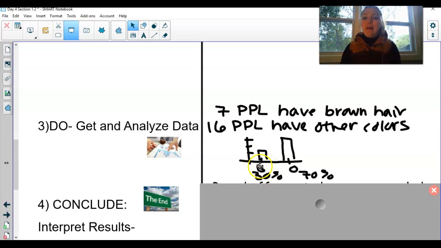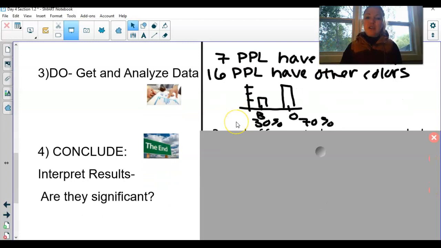So people with brown hair right here, 30%, people with others, 70%. I should have labeled the sides. But then we can really look and we can analyze that data, okay? It appears that a significantly higher amount of people have other types of hair than brown in that class that I interviewed, okay?